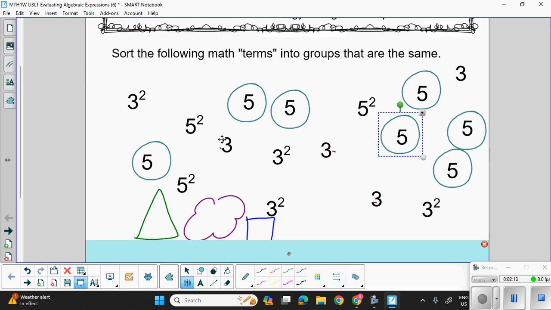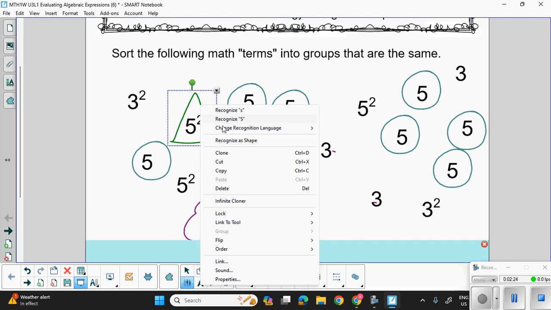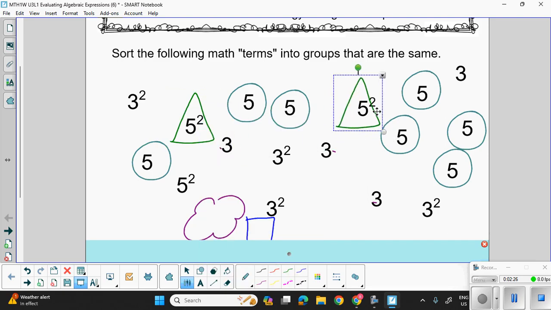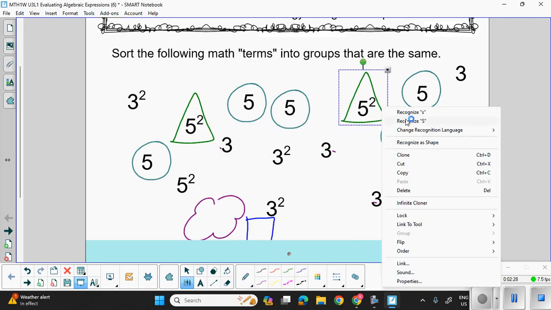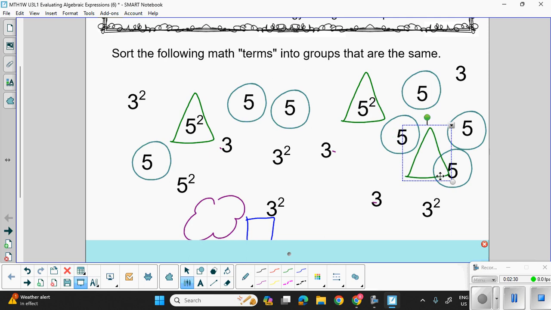Okay, so I think I have all of just the number 5s. Now we noticed that we also had a base of 5 and it's squared. So they do go together. So if I put a triangle along all the ones that are 5 squared, there's another one there.